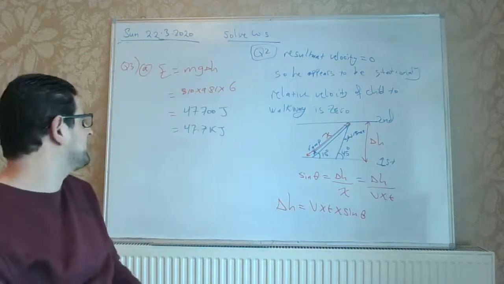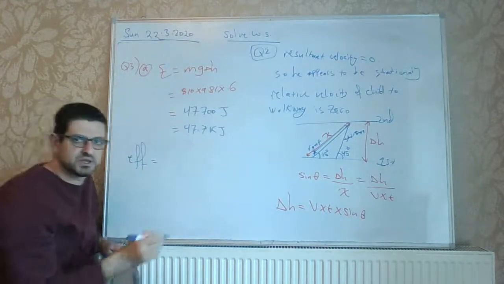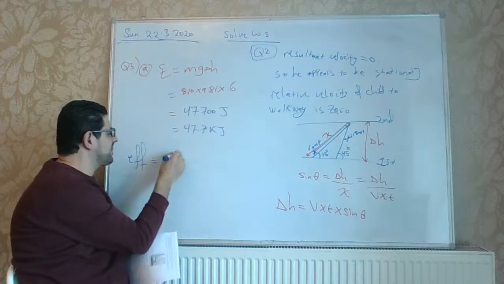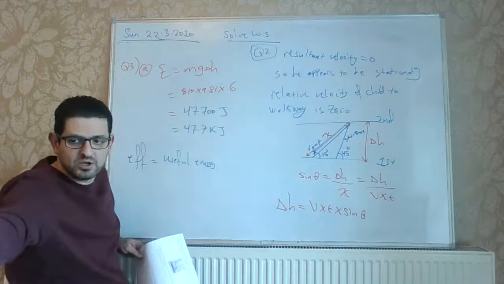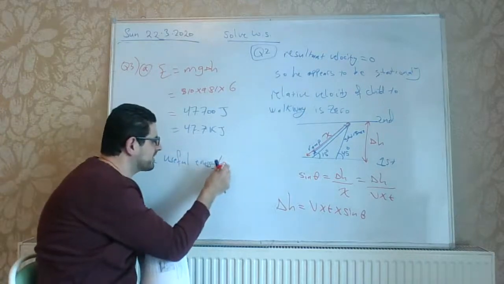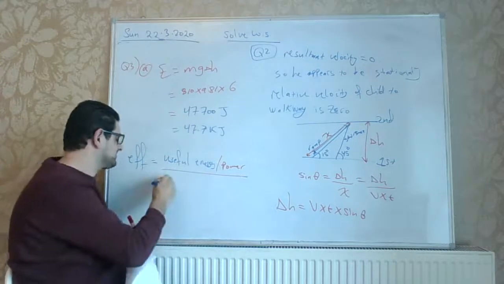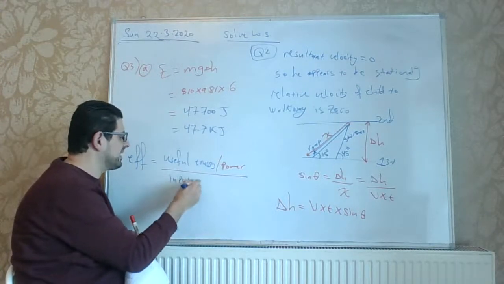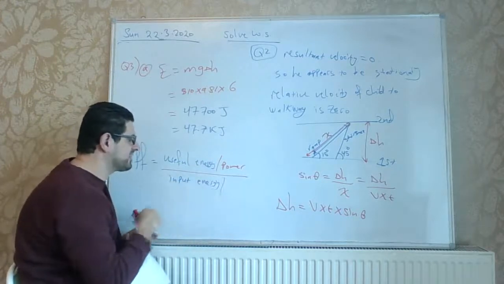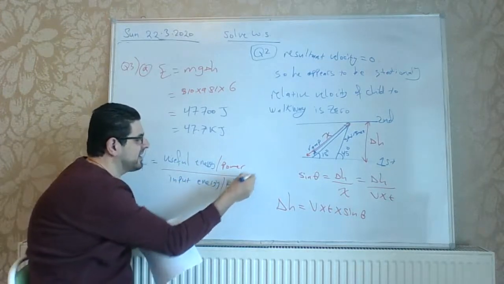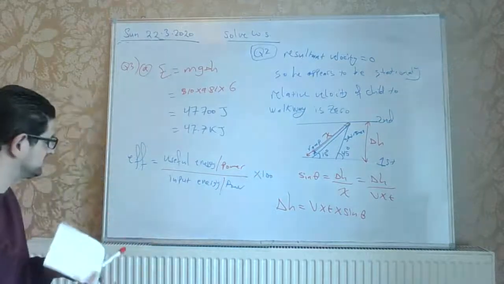You need to remember that efficiency, as we took in unit 2, is useful energy or useful power divided by input energy or input power. Let's multiply it by 100 so that you'll get it as a percentage.